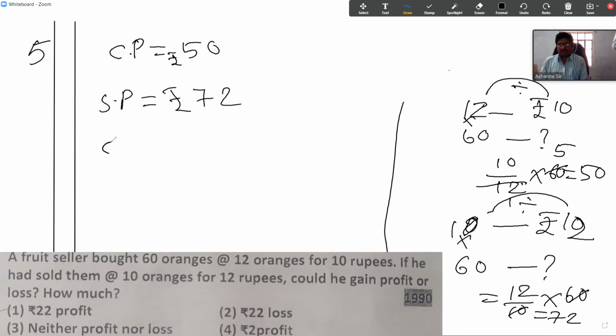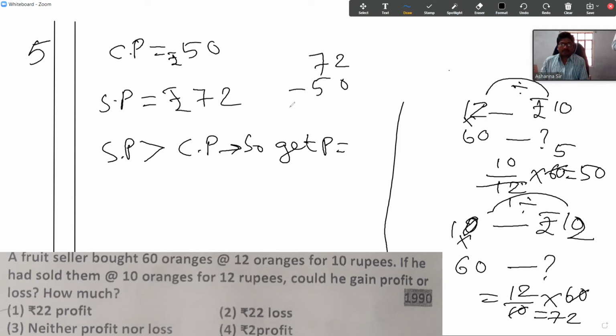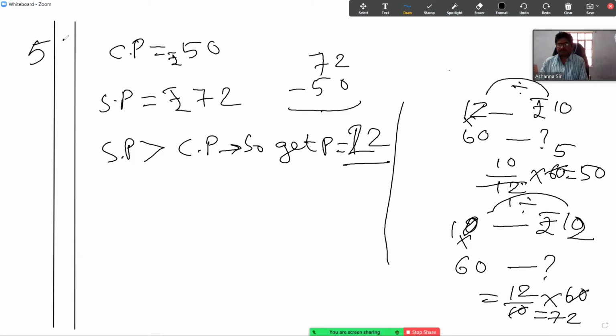So here the selling price is greater than the cost price. So you get profit. How much profit? 72 minus 50. Oh sorry, 7 minus 5, 22 rupees profit. Option 1.